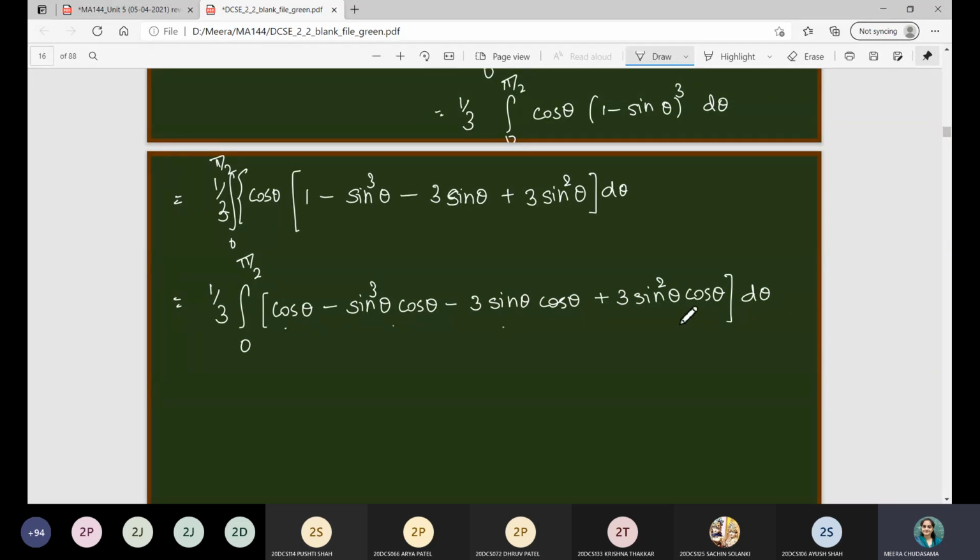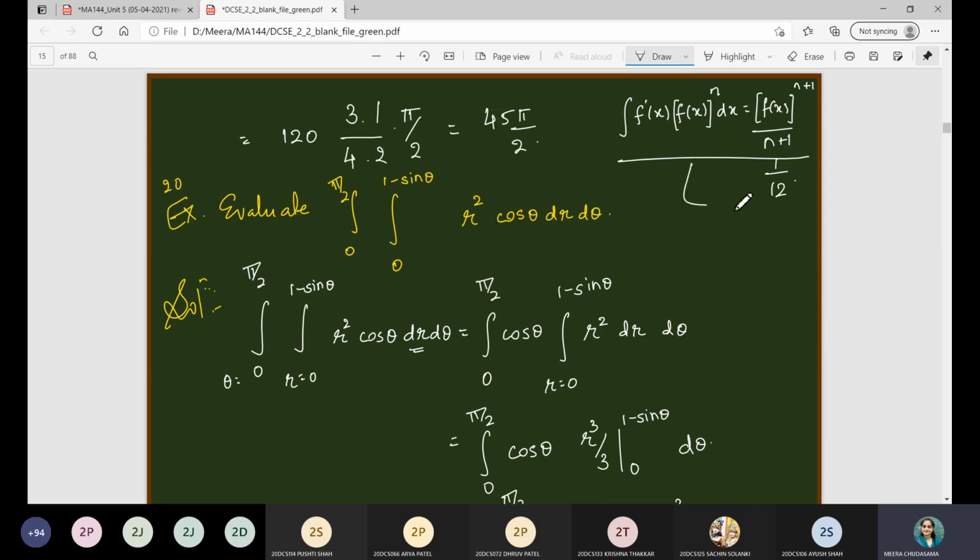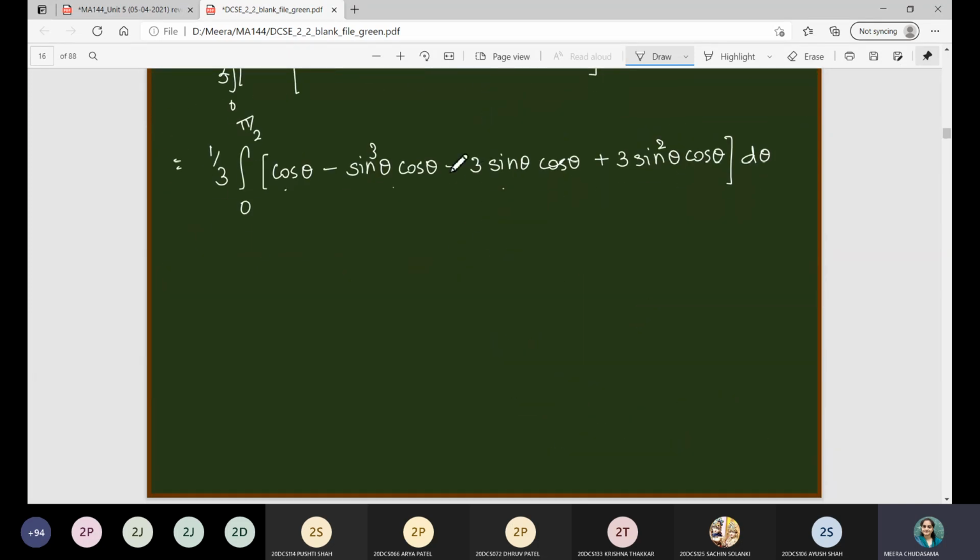But for these three, you can consider either the trigonometric formula or the formula I have described over here, right? Suppose I say this is star. From star, we can say that this integration will be sine raised to 4 theta upon 4, this one will be 3 sine square theta by 2, and this one will be 3 sine cube theta by 3, right? So applying that formula, we'll have the answer.